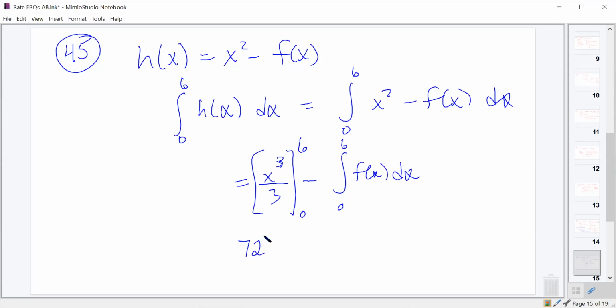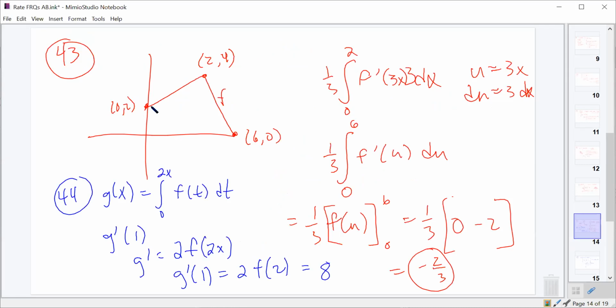Is that right? Yeah, that's right. Minus 0. And then minus the integral from 0 to 6 of f of x. And again, that's just from this graph. The integral from 0 to 6 of f of x is just the area of the triangle and the area of the trapezoid together.